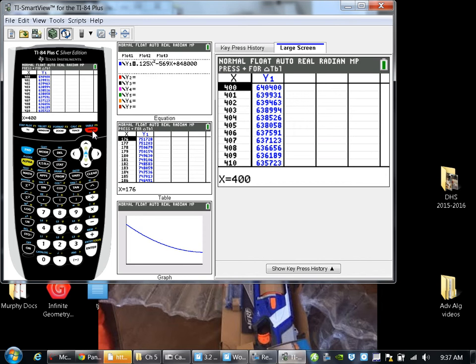That erases everything in your Y tables, and the 722 restores the defaults. Basically, it goes back to your 10 by 10s. It puts things back into the normal decimal settings and things like that.